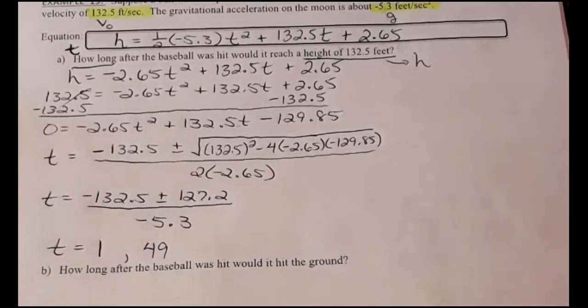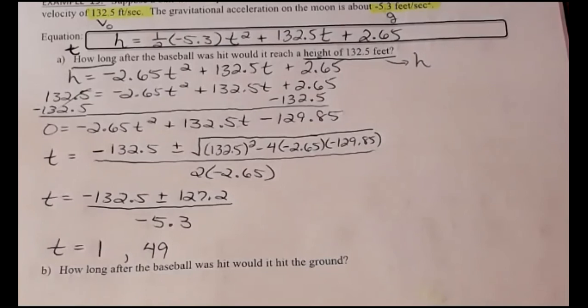If that is confusing to you, I think a visual is going to be incredibly helpful. So I'm going to write the original equation, negative 2.65 t squared plus 132.5 t plus 2.65, and graph this so that you can see what this equation looks like.